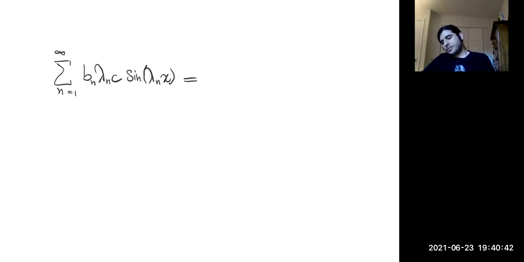So we just write this here again: the sum from n equals 1 to infinity of b_n lambda_n c times sine of lambda_n x is equal to g(x). And the question is, what is b_n for each n?